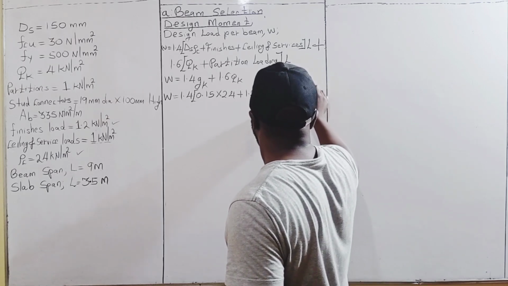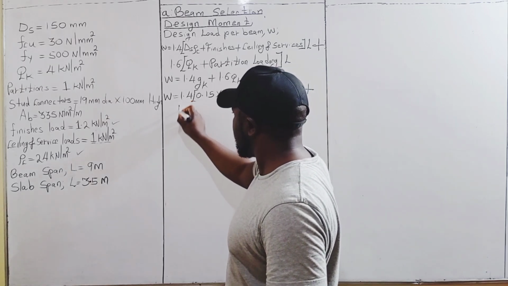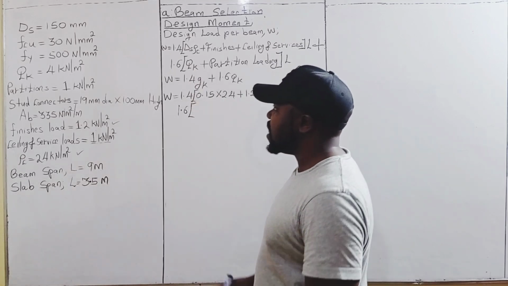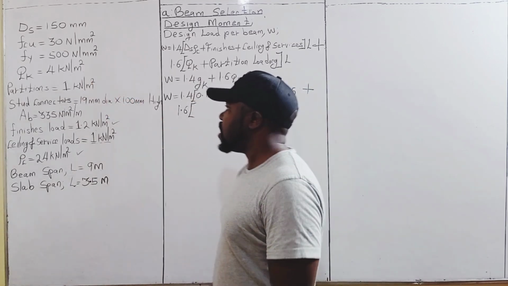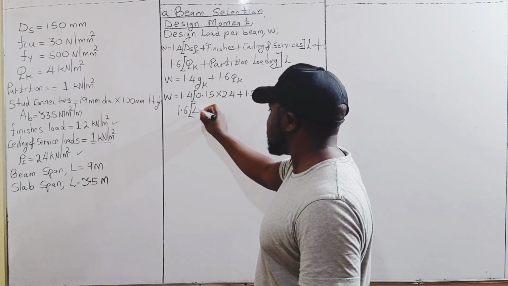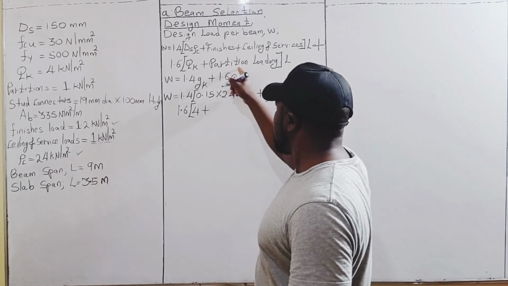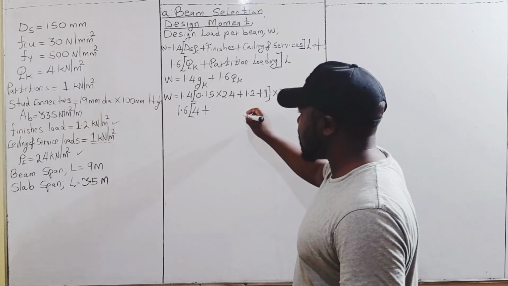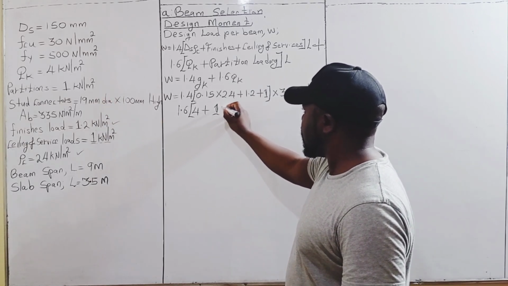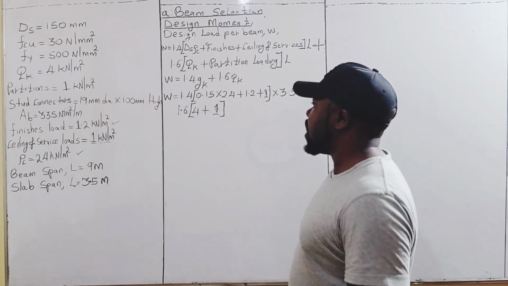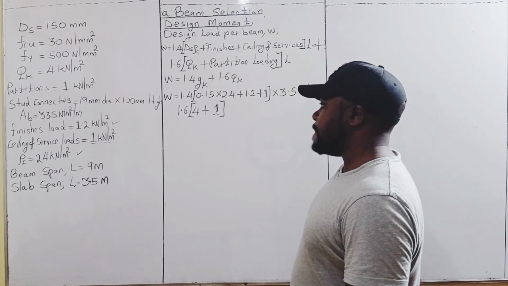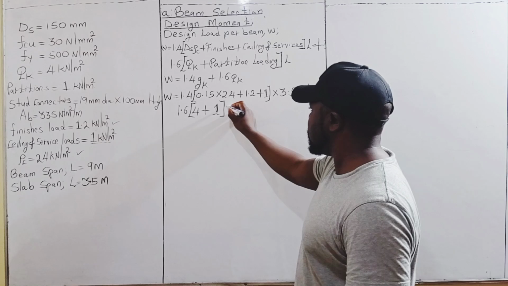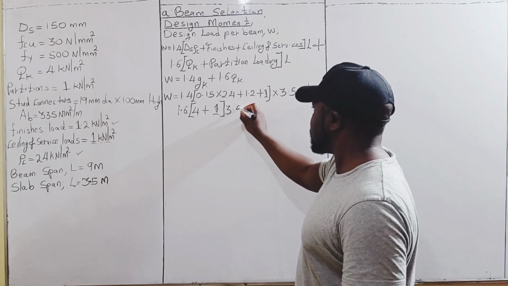Then we add 1.6 into QK. The imposed load is 4 kilonewtons per square meter. We add partition loading, which is 1 kilonewton per square meter. And then we multiply that by the slab span, which is 3.5 meters.